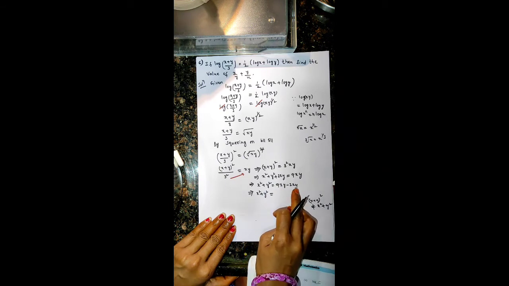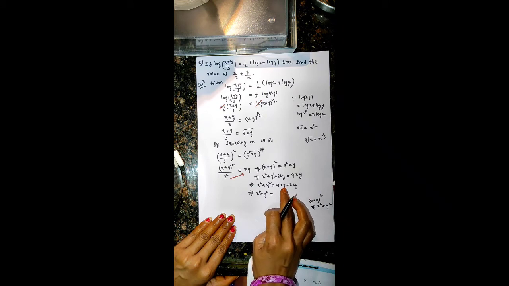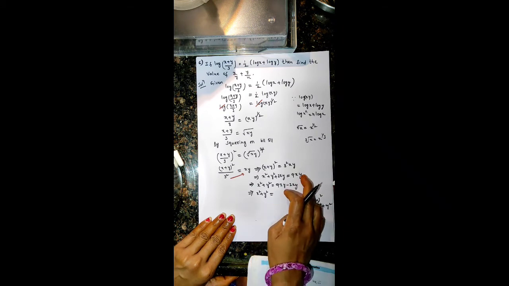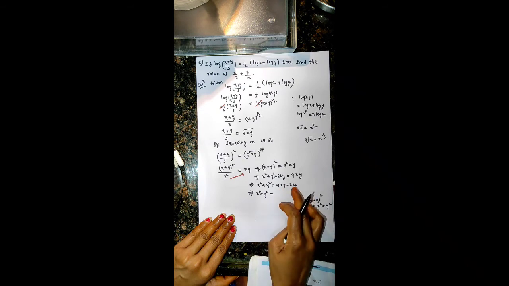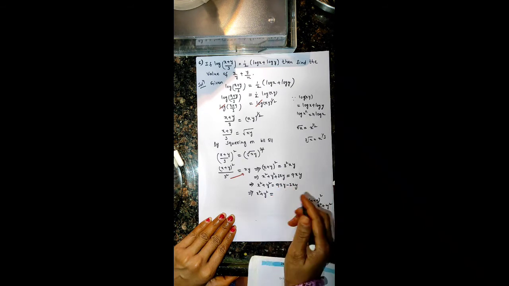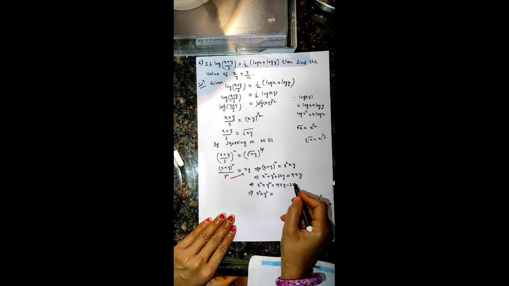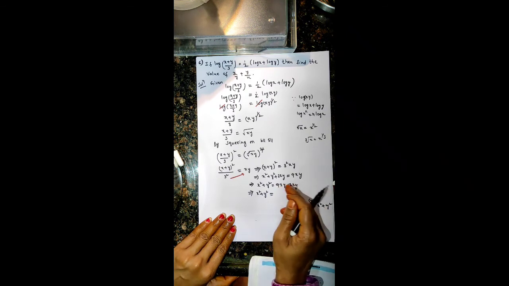First of all, we have to see whether these two are like terms or not. xy only there. Like terms means what? Same variable with same power. Here x, y, two variables are there. Same variables we have. Here power is 1, nothing is there means 1, 1. No power means 1, 1 only there. That's why these two are like terms.